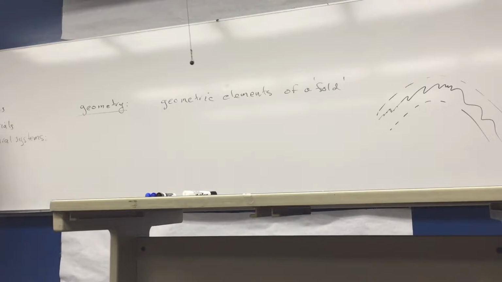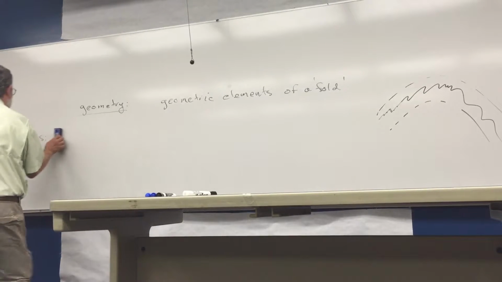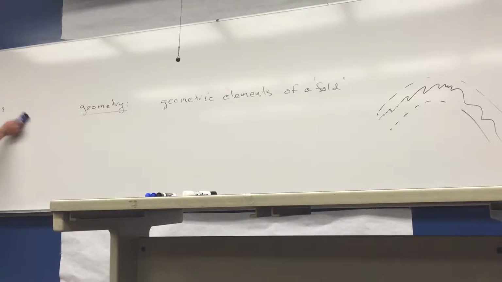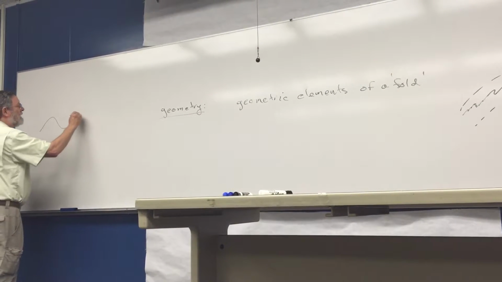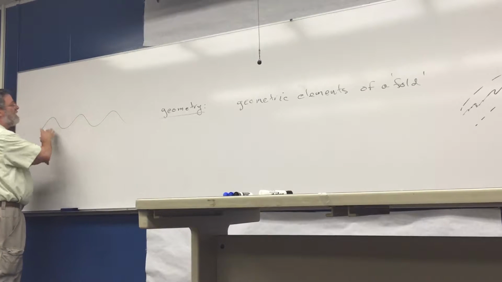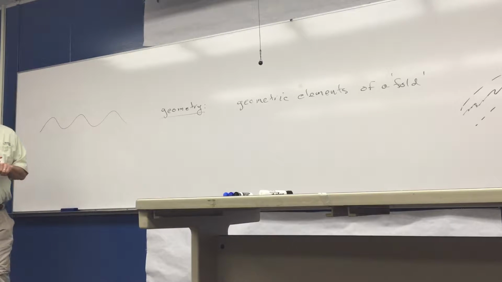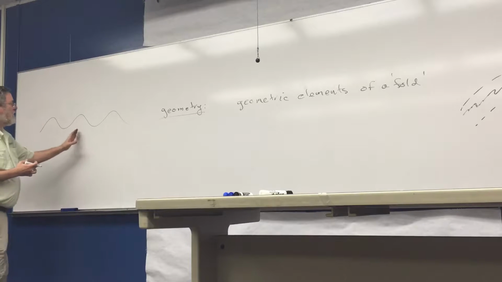And please keep in mind that this is simplistic. This is a very, very simplistic treatment of folds at this point. When we look at a fold, we typically visualize a fold as being periodic. We're repeating some pattern.